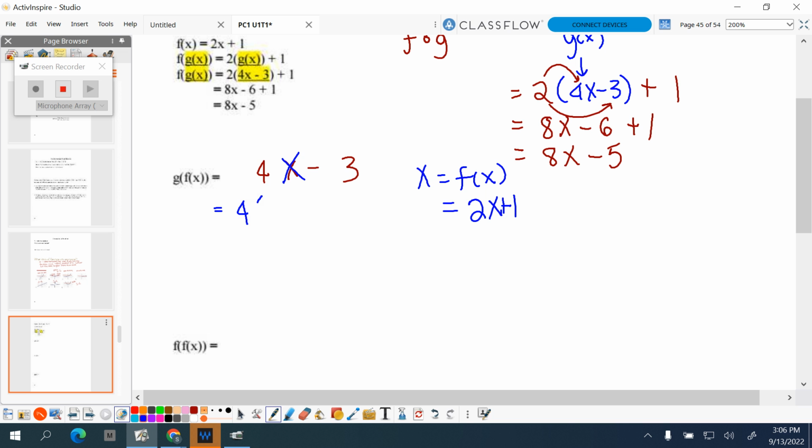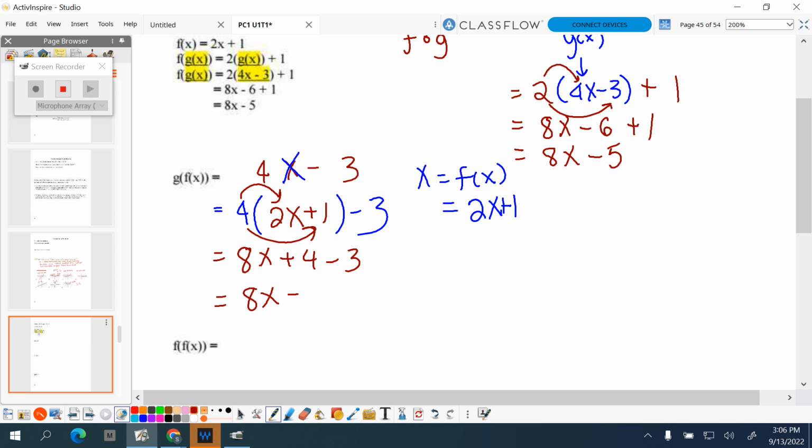So 4 times whatever f of x is minus 3. So let's look at what f of x is. It's 2x plus 1. So I'm going to arrow over, I get 8x. Arrow over, I get plus 4 minus 3 equals 8x plus 1. And I'm done. And the way we would write this one is g of f. Same thing, means the same thing.